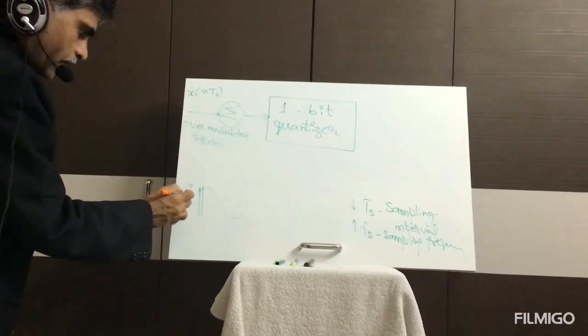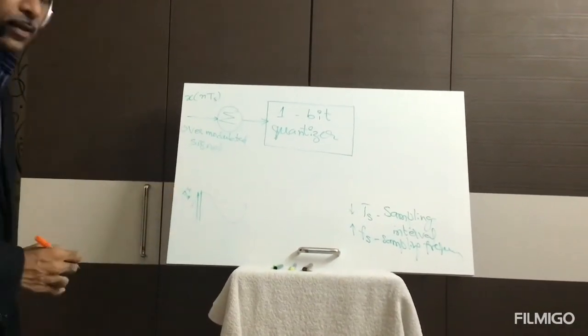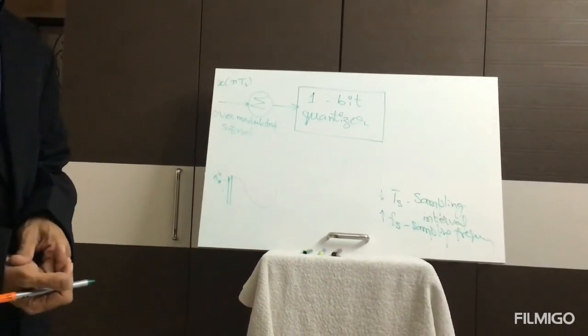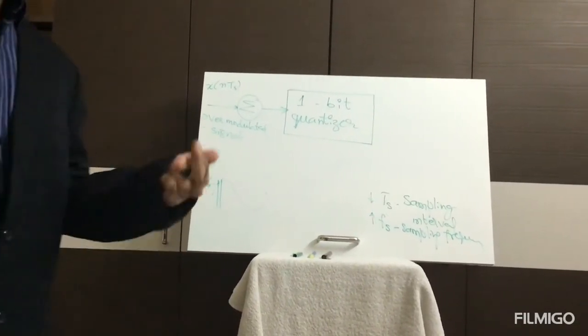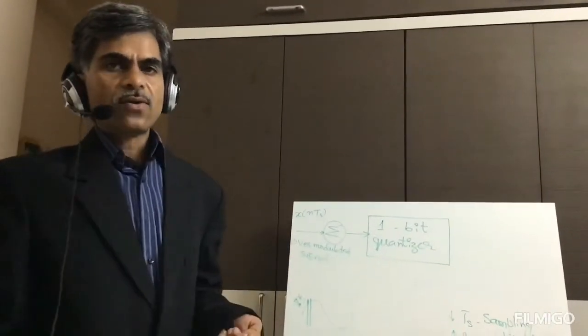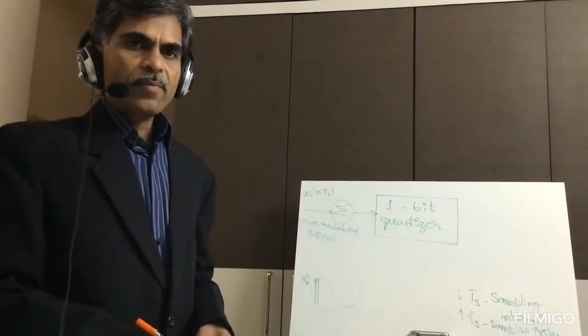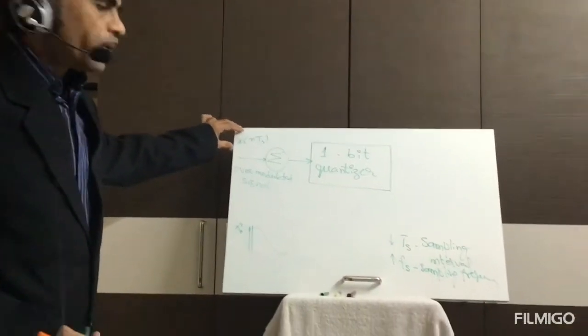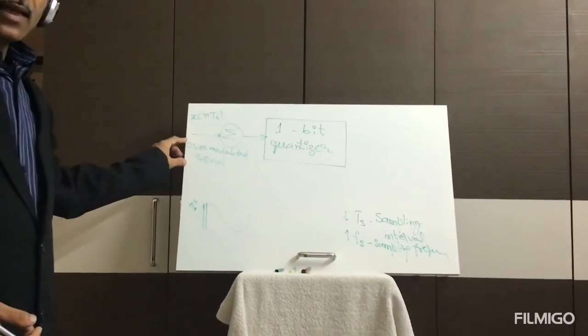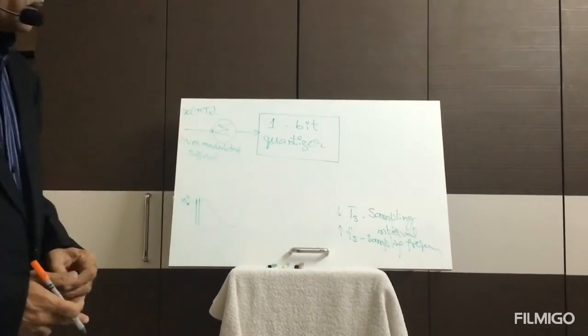Then the number of quantization levels will be increased, thereby the quantization error decreases. Therefore signal to noise ratio or SNR can be improved here. That's why this input signal will be taken to be the over modulated signal in the case of delta modulation.